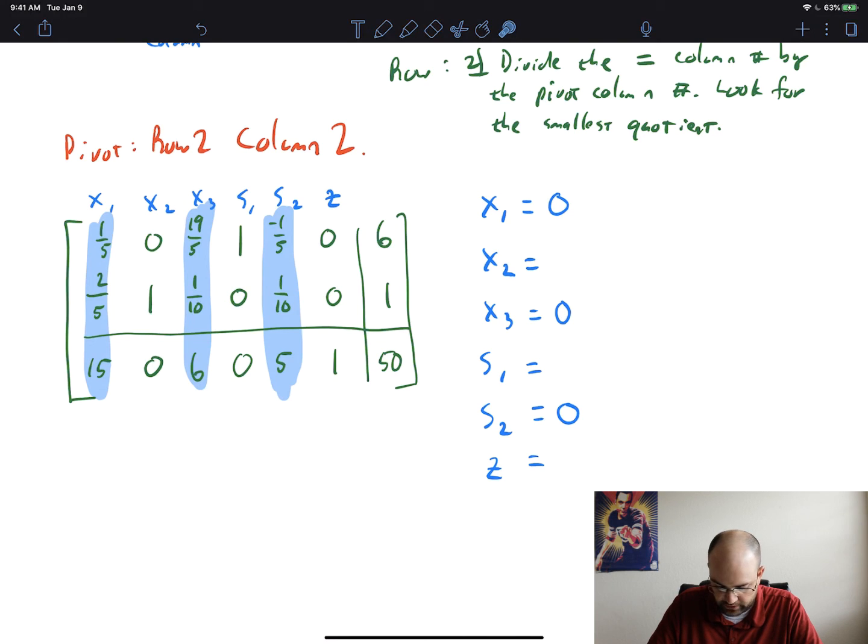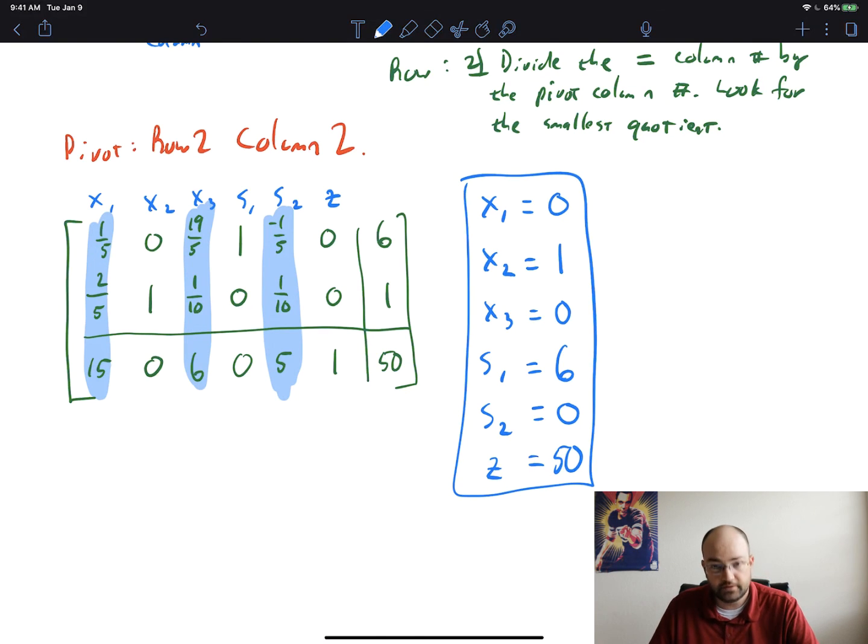So it's just 1x2 equals 1. So x2 equals 1. As for s1, the 1 is right here, equals 6. And for z, the 1 is here, equals 50. And there you go. That's the solution.